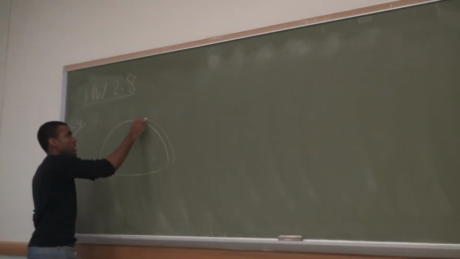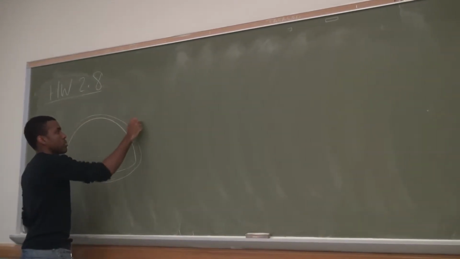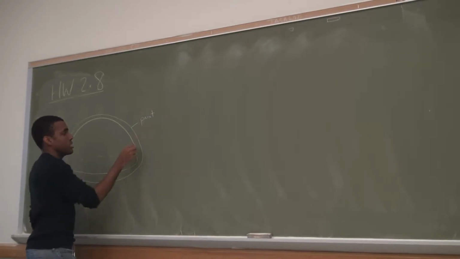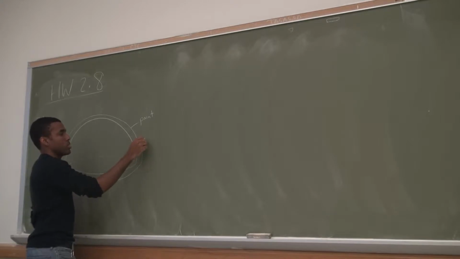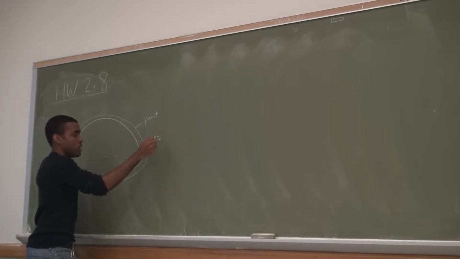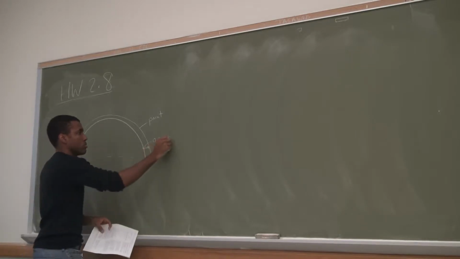So we have this hemispherical dome, and we're going to paint it, so the paint is on top of it. I'm drawing it extra thick. This is the paint. Now this distance here is 0.05 centimeters.